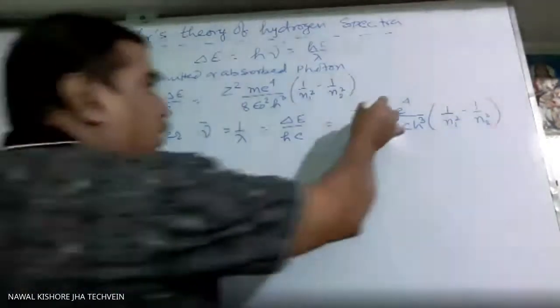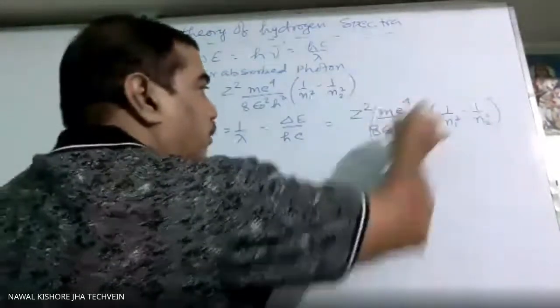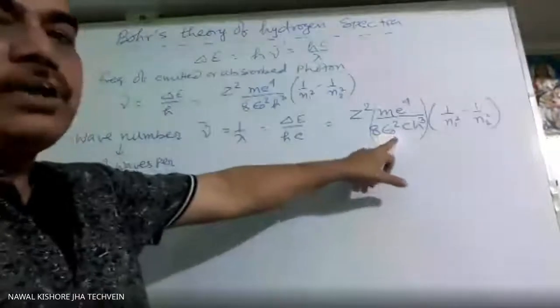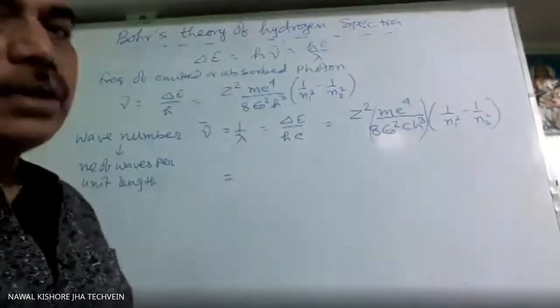Now, all of these are constants, and this constant we call the Rydberg constant.